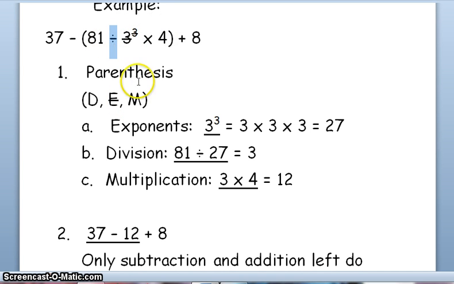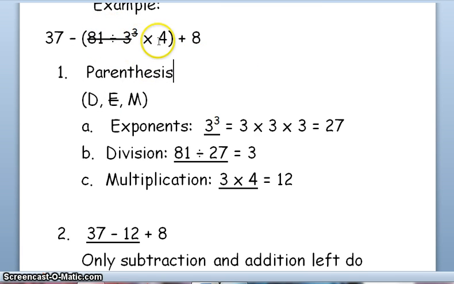So I'm going to divide first. I'm going to take the 81 and divide it by 27. 81 divided by 27 is 3. So this whole part would be gone and it would be just 3.